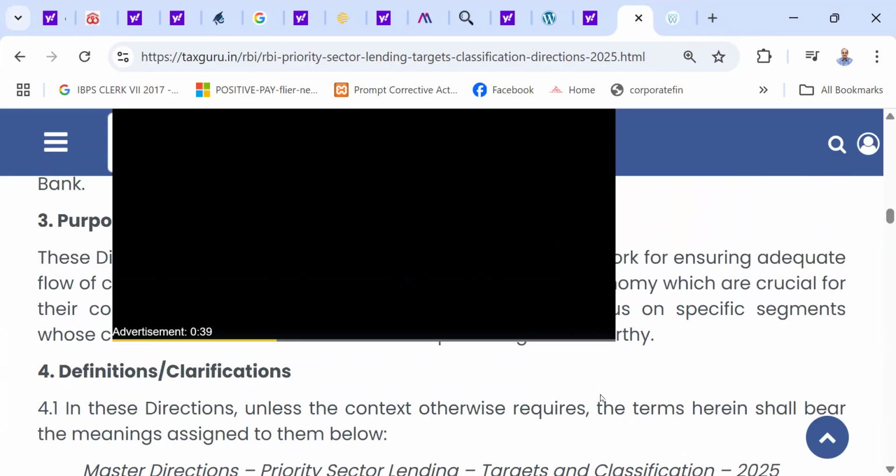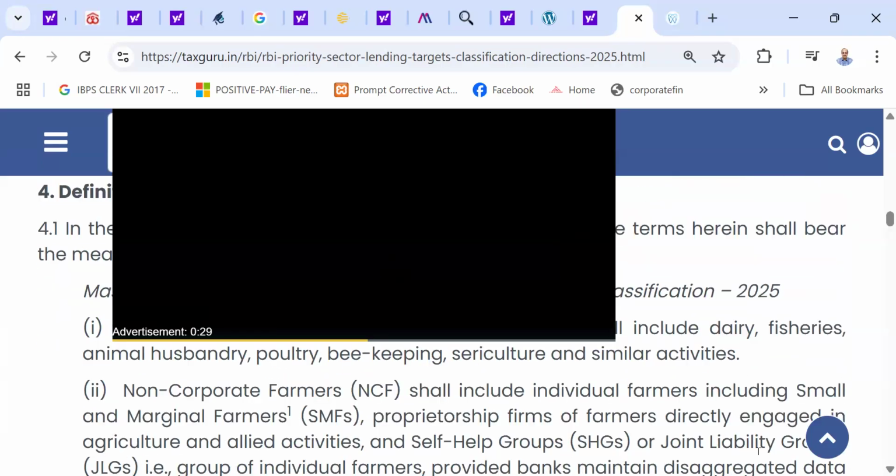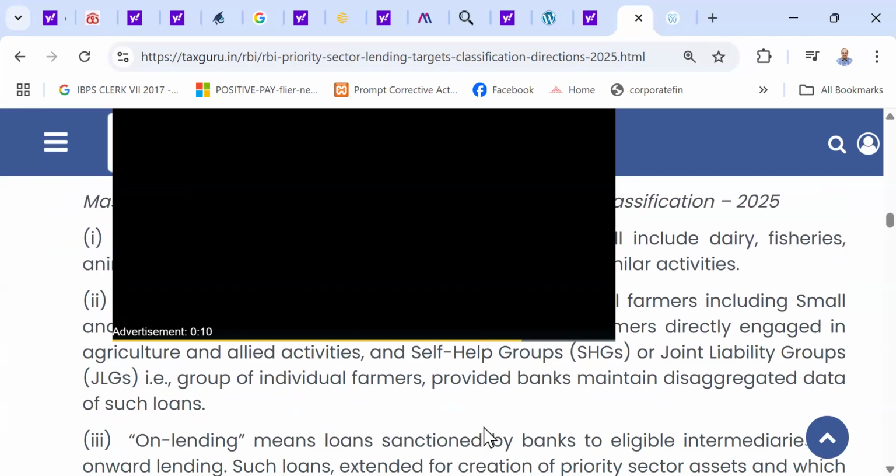Priority sector lending targets and classifications. Allied activities: activities allied to agriculture shall include dairy, fisheries, animal husbandry, poultry, beekeeping, sericulture and similar activities. Non-corporate farmers shall include individual farmers, including small and marginal farmers, proprietorship firms, and farmers directly engaged in agriculture.